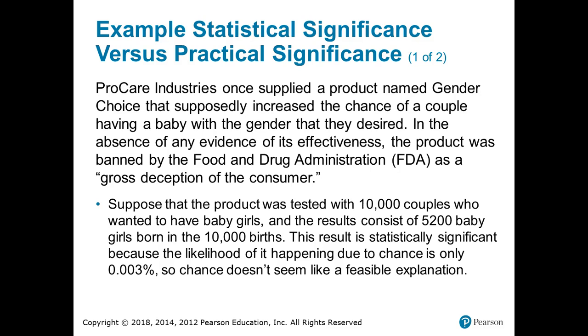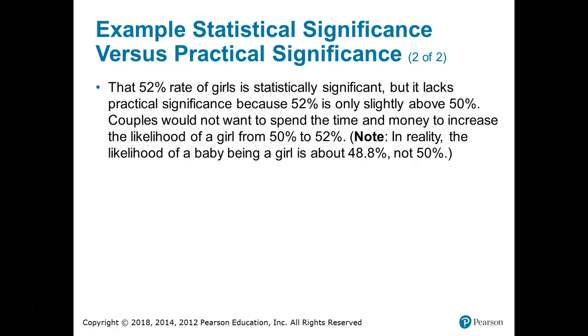Now you would say that the number of girls should be around 5,000, half of the total. So this result of 5,200 is statistically significant because the likelihood of it happening due to chance is only 0.003. So chance doesn't seem like a feasible explanation.